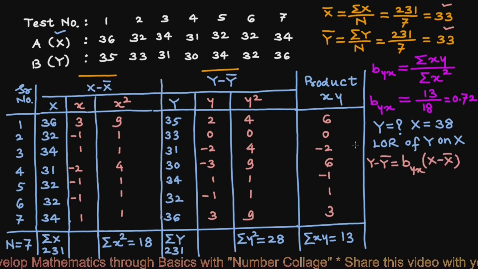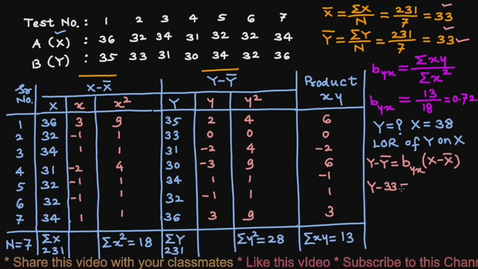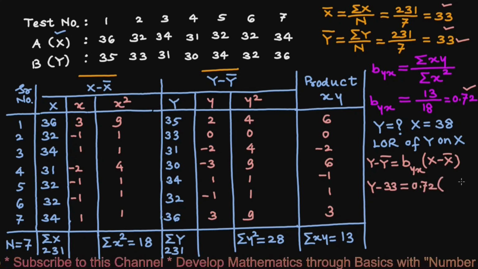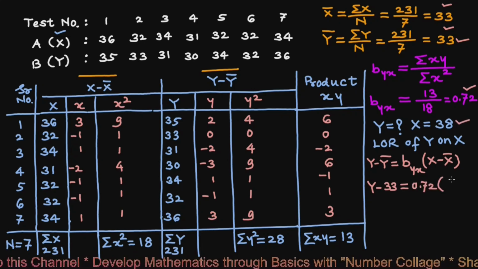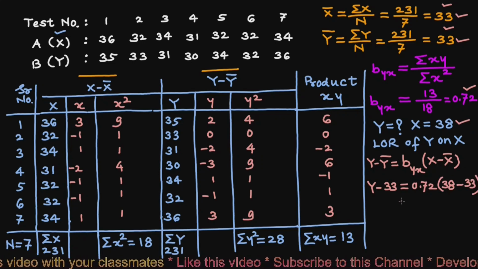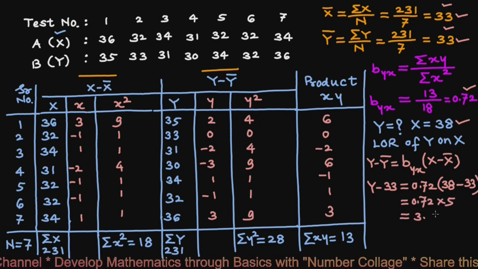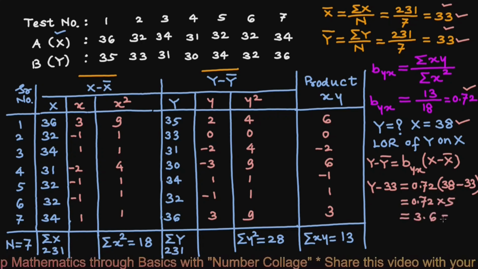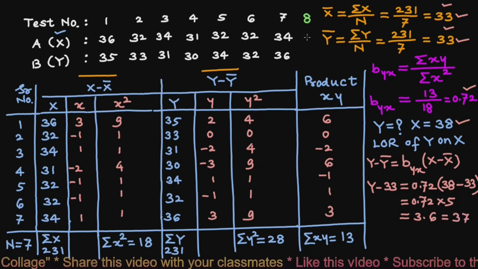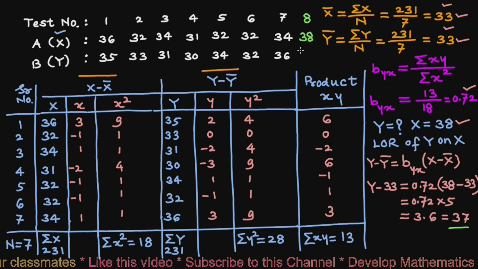Substituting the values, y minus y bar, which is 33, equals byx, which is 0.72, into x, which is 38, minus x bar, which is 33. This will be 0.72 multiplied by 5, 3.6, which is approximately 37. So when in the 8th test student A scores 38 marks, student B will score 37 marks.